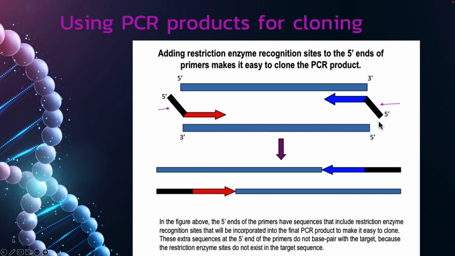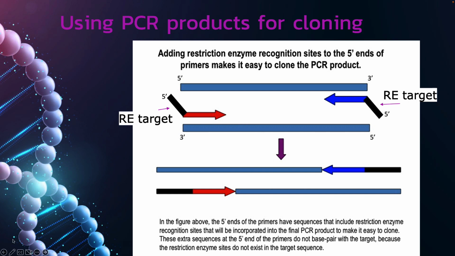When we are ordering our primers, so the red and the blue represent the primers, when we're ordering the primers from the company that makes them, we actually engineer the primers to be just a little bit longer than we need. And in that extra length, that's where we add restriction enzyme recognition sites.